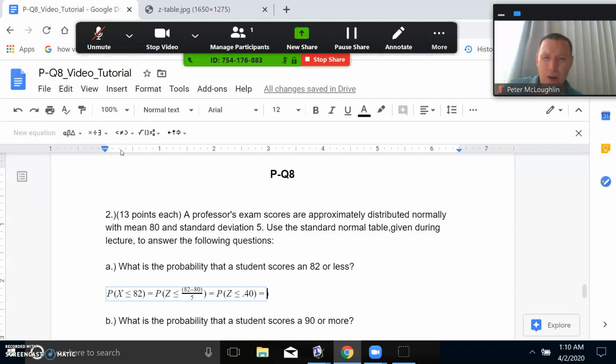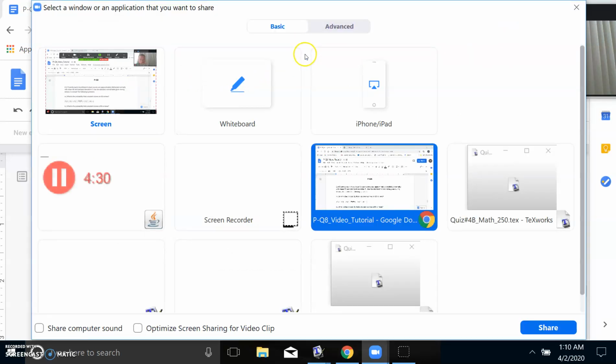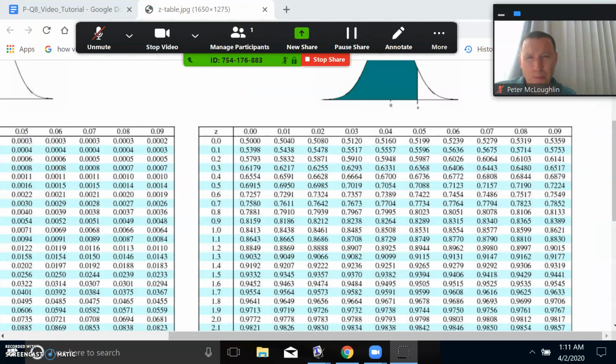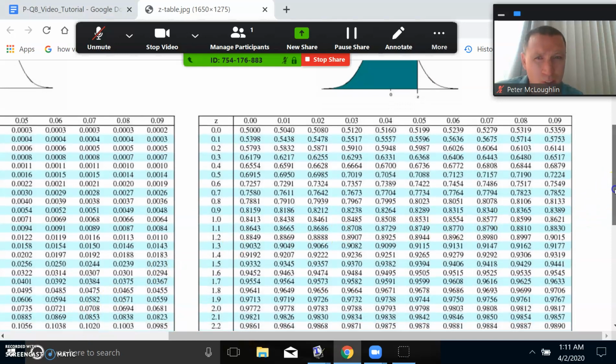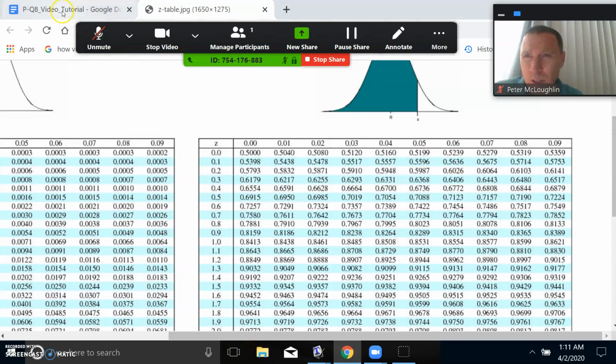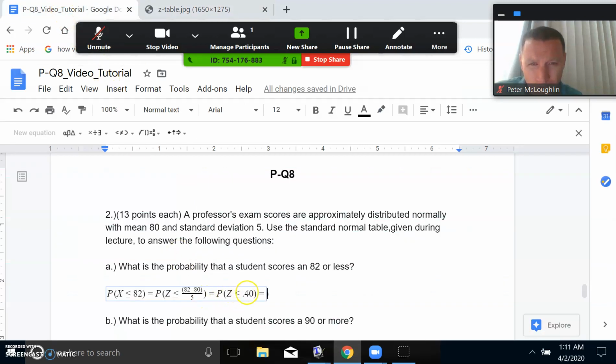Okay, so now we're going to go to the standard normal table. There's a link to that in the online materials. I'm going to pull it up now. Okay, I've pulled up my standard normal table. This gives me areas or probabilities. Going back to our question, we're looking for 0.4 as our z value.